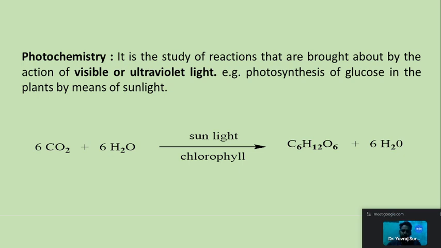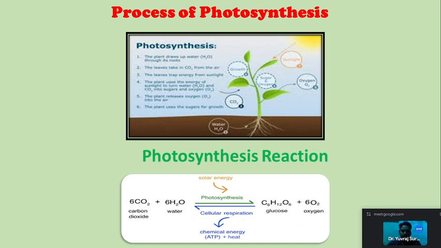For example, the best example of photochemistry is the photosynthesis of glucose in plants by means of sunlight. What happens during photosynthesis? We know that 6CO2 and 6H2O combine to give glucose plus 6 oxygen molecules.